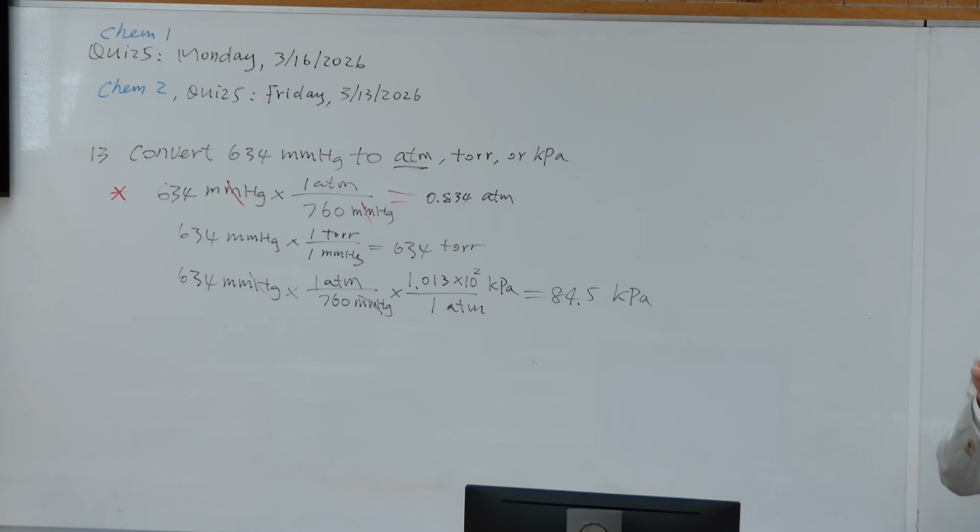Here you have moles 6.9, volume 30.4 liter. What is the pressure of the gas if temperature is 62 degrees Celsius? So they tell moles, volume, and temperature, and you calculate pressure.